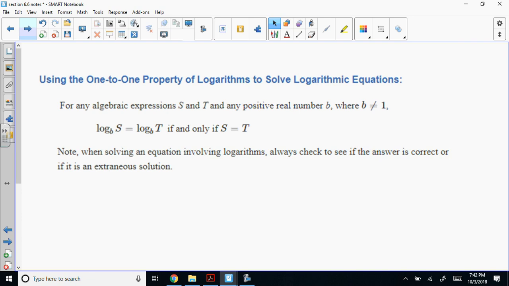Now always check to see if your answer is correct and make sure it's not an extraneous solution, right? Why? Anybody know why? It's the one thing you can't take the log of. That's exactly right. You might solve for something, but plug it back in.